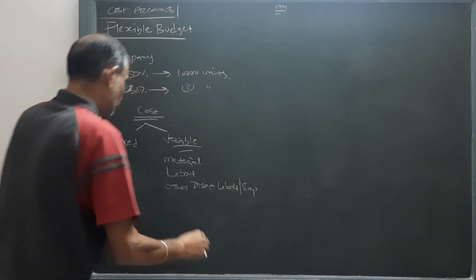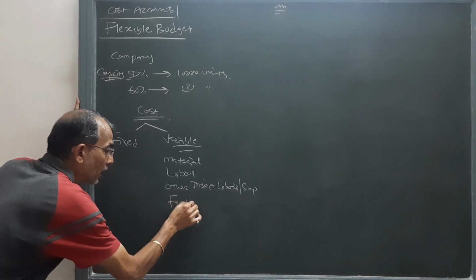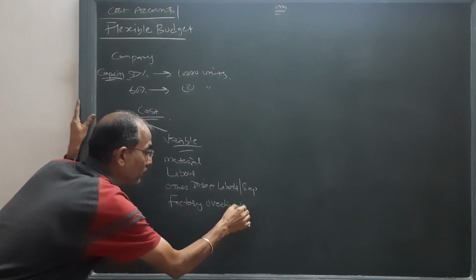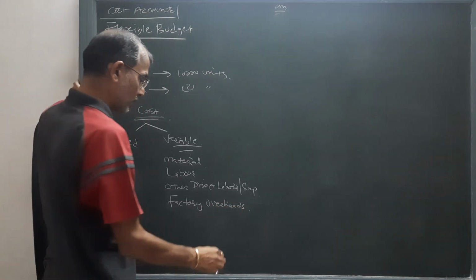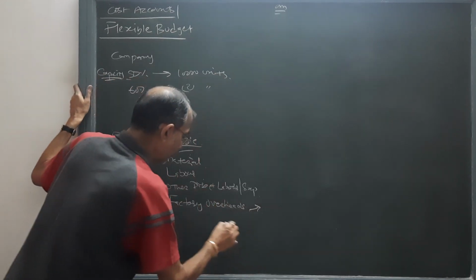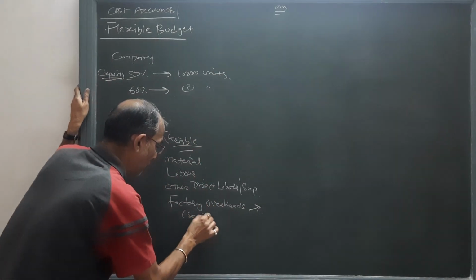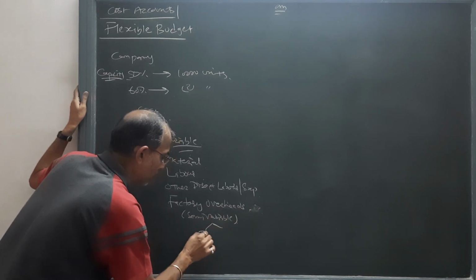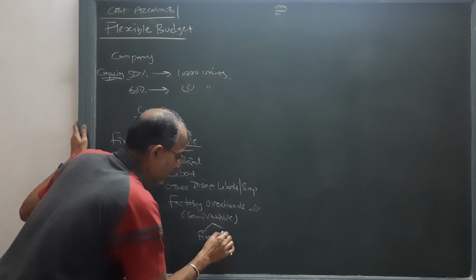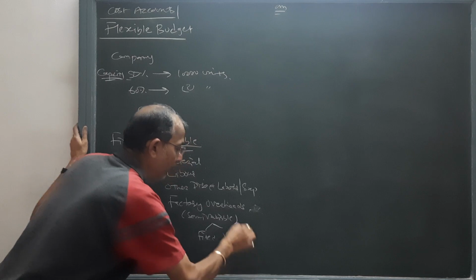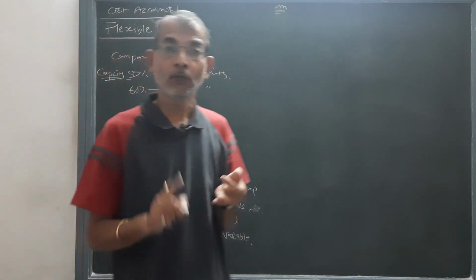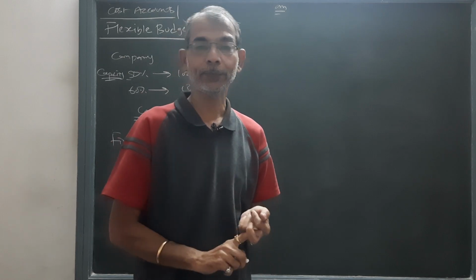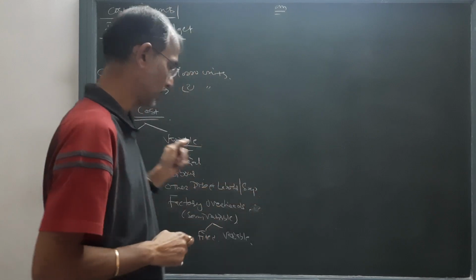Then after that will come factory overheads. If factory overheads are semi variable, that means it includes some amount fixed and some amount variable, then the fixed expense will remain unchanged but the variable expenses will increase.